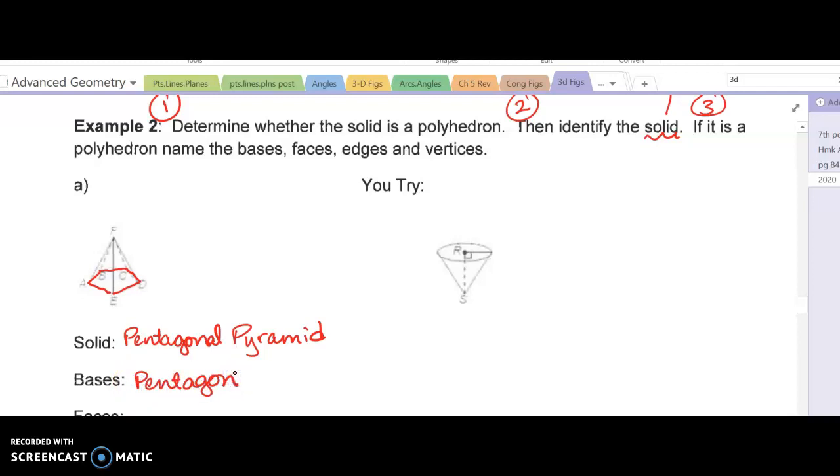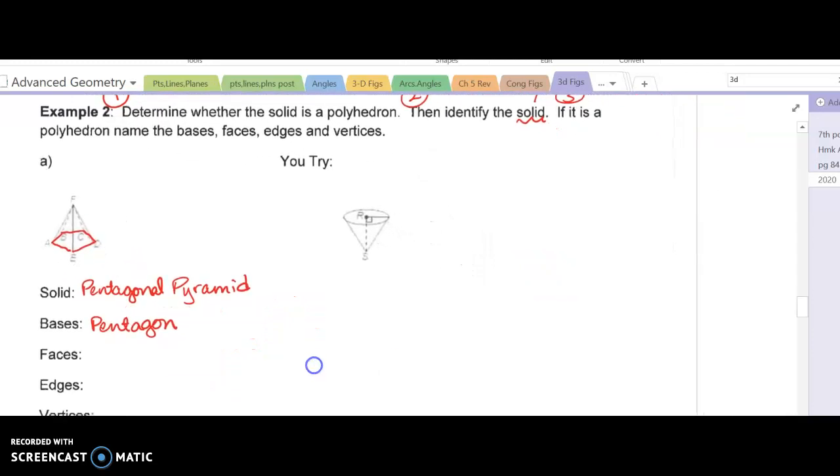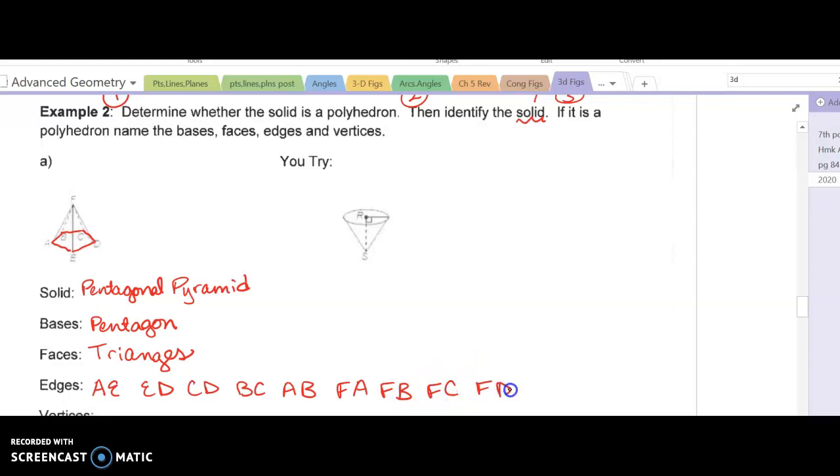What kind of faces do we have, though? I hope you're thinking about that those faces are triangles. We won't list them all. The edges, there's a bunch of them here. We've got AE, ED, CD, BC, AB, FA, FB, FC, FD, FE, and FA.